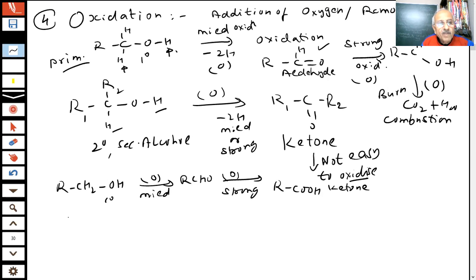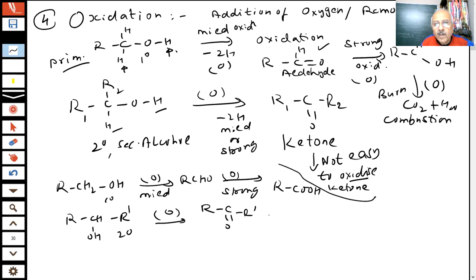Okay, sir. But you have 2 degree. If you have 2 degree, on oxidation they will give RC double bond OR dash. What are they giving? Only ketones.